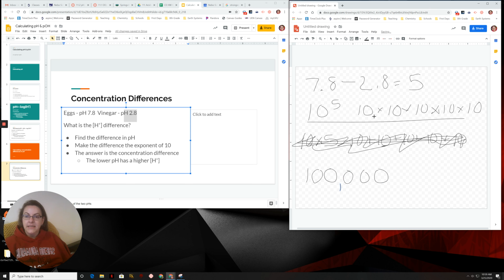So that means there's 100,000 times more hydrogen ions in vinegar than there are in eggs. Okay. So remember that if you're looking at pH, it's the lower one that has more hydrogen ions.